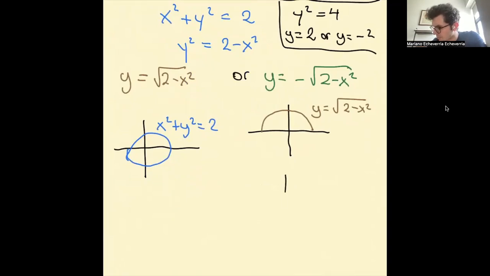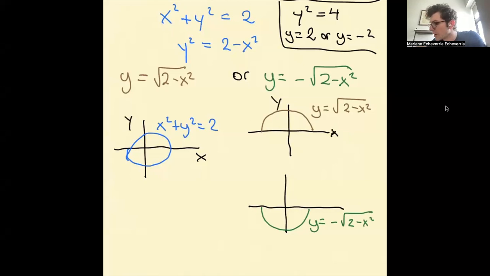And y equals minus root of 2 minus x squared corresponds to the southern hemisphere.